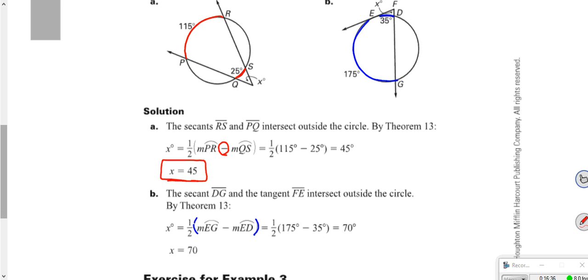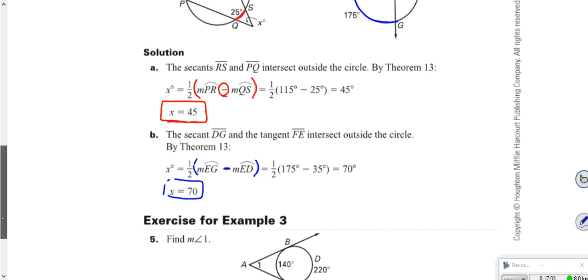I probably should have pointed them out up here as well. Don't forget the parentheses. It's probably one of the biggest mistakes I see students make. And it's minus if it's an external angle. So 1/2 the measure of EG minus the measure of ED. Again, you're just taking the bigger one minus the smaller one, because we can't have negative angle measures. So X is 70.